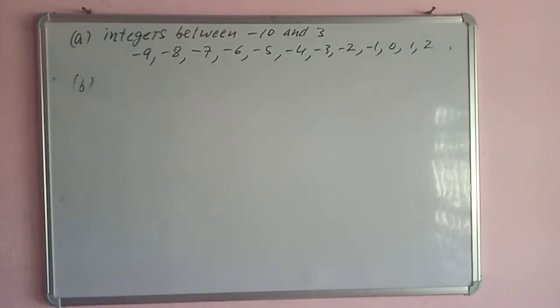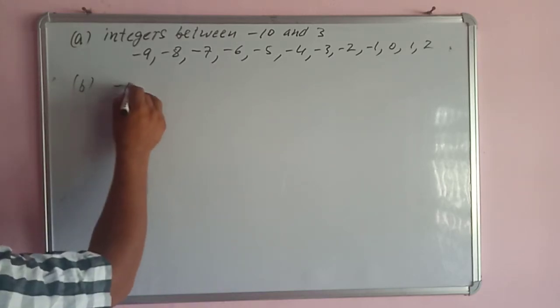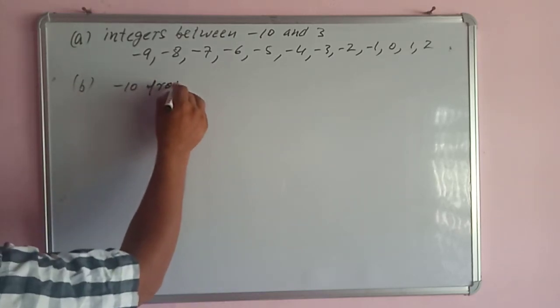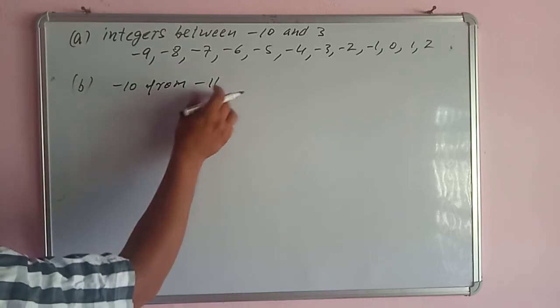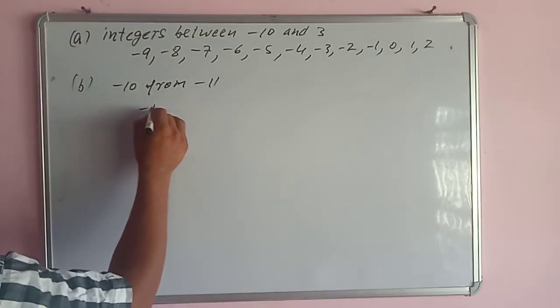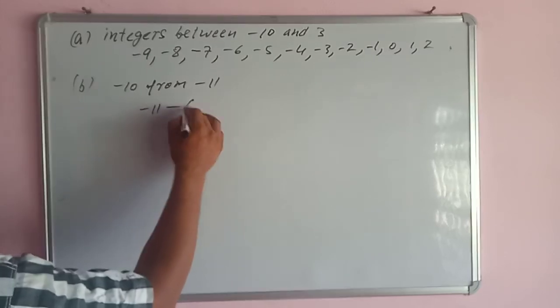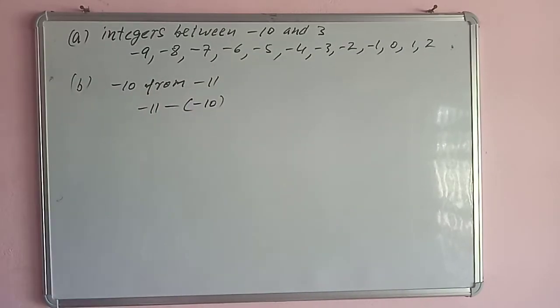if we subtract -10 from -11. So first of all we will write -11, then minus, and then -10.